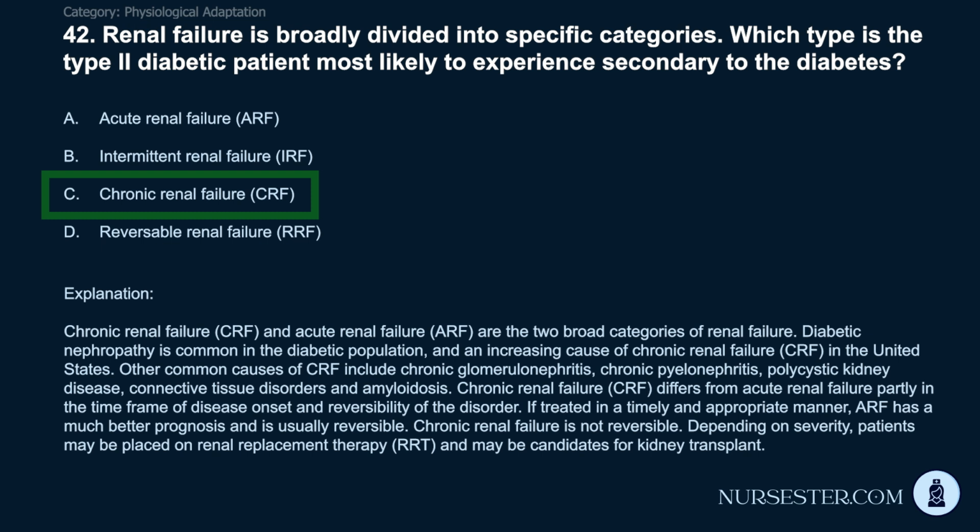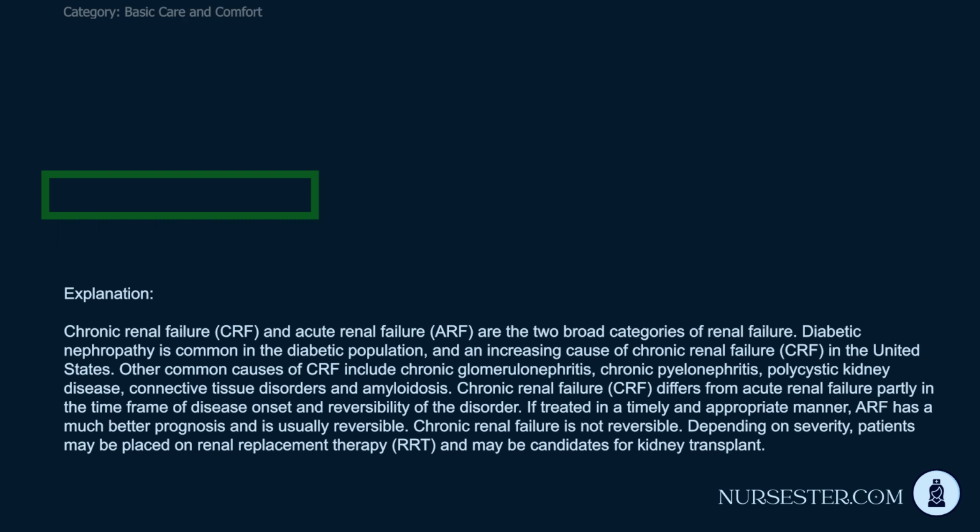Chronic renal failure differs from acute renal failure partly in the time frame of disease onset and reversibility of the disorder. If treated in a timely and appropriate manner, ARF has a much better prognosis and is usually reversible. Chronic renal failure is not reversible. Depending on severity, patients may be placed on renal replacement therapy, RRT, and may be candidates for kidney transplant.